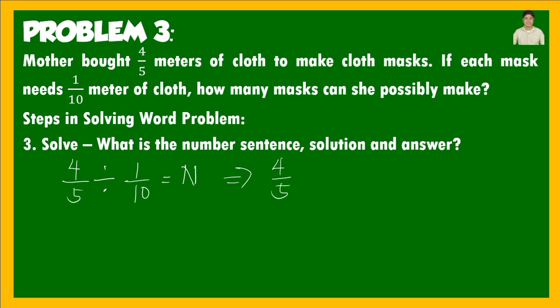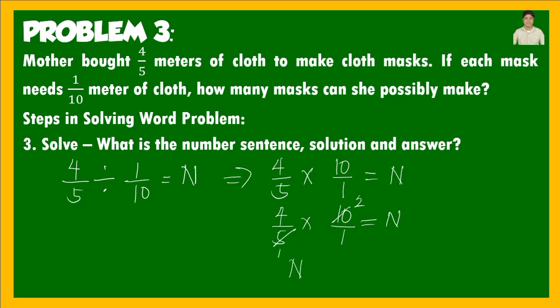And then, change, magiging multiplication yung division sign. And then 1/10 will become 10/1 equals n. Rewrite lang natin. Ayan. And then, pwede nating i-cancel out yung 5 and 10 kasi ang GCF nila is 5. 10 divided by 5 will become 2. And then 5 divided by 5 is 1.